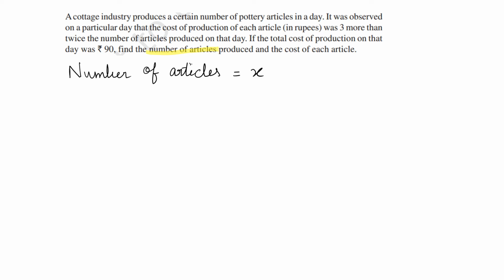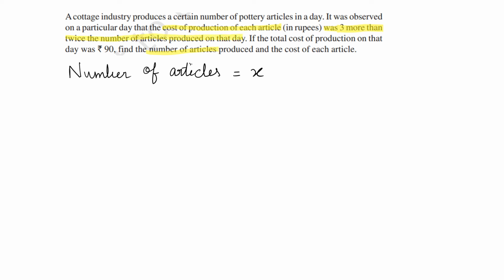Now what they are telling: on a particular day, the cost of production of each article was 3 more than twice the number of articles produced on the day.